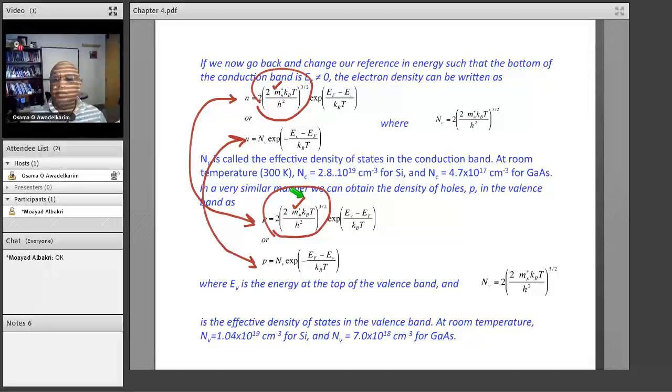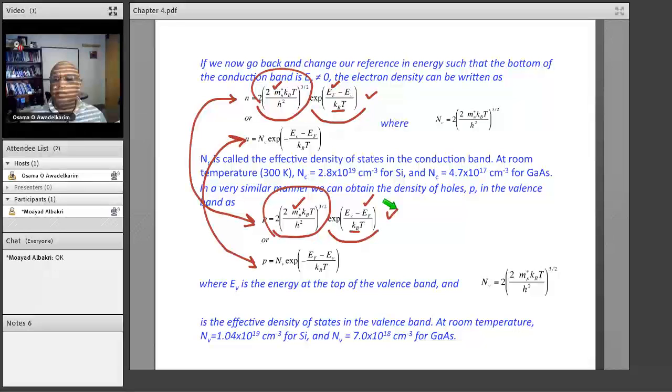After that, we're left with the exponential parts. In the exponential part, we have EF, we have KBT here and KBT here. If we divide this exponential by this exponential or vice versa, we are going to subtract the exponents.